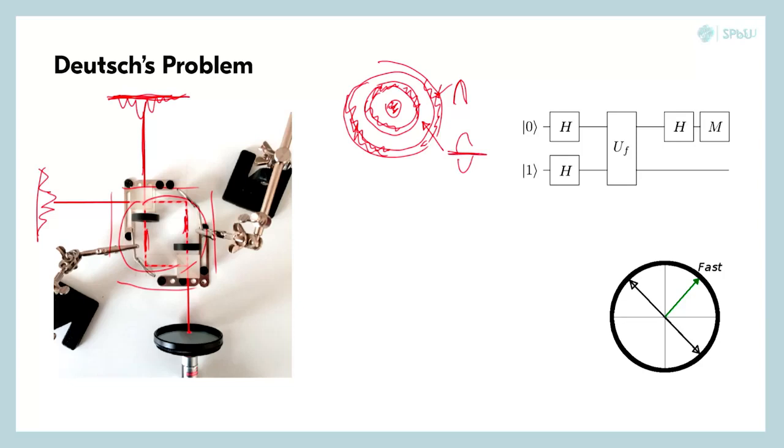Okay, we have this interference, and what if we put the wave plates on both paths of the photon? Will the interference picture change? It will not, because the difference of the path does not change. The photon experiences a delay on both paths, so the red and black spots will stay in the same place.